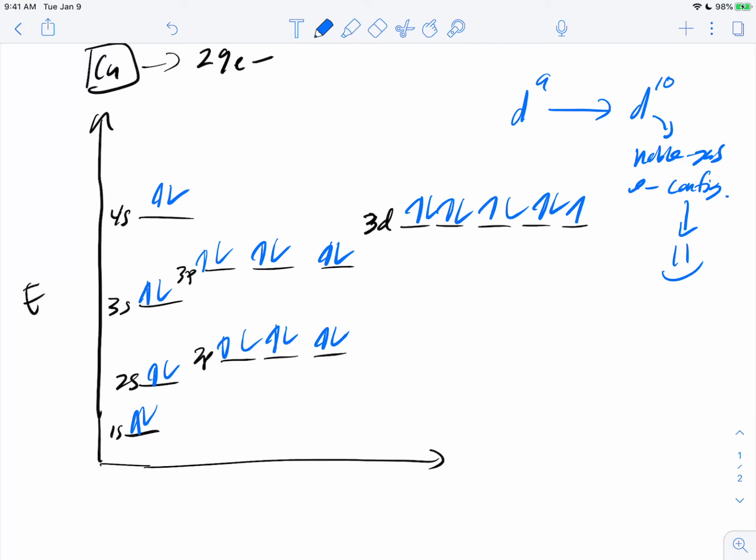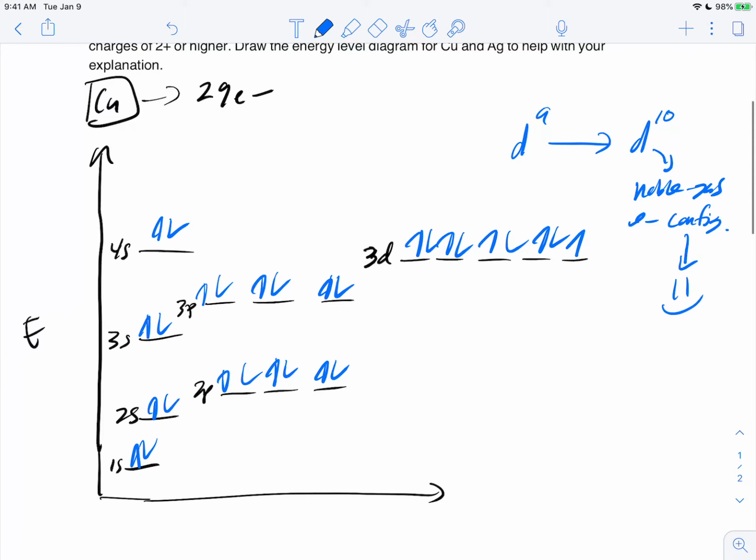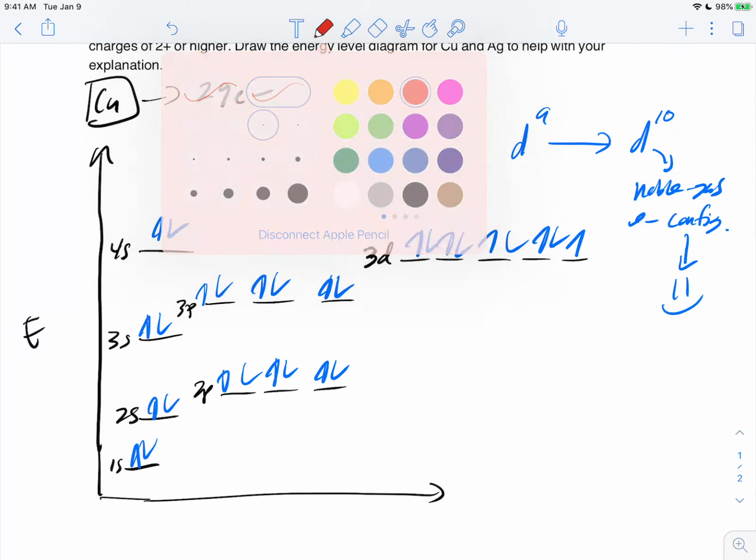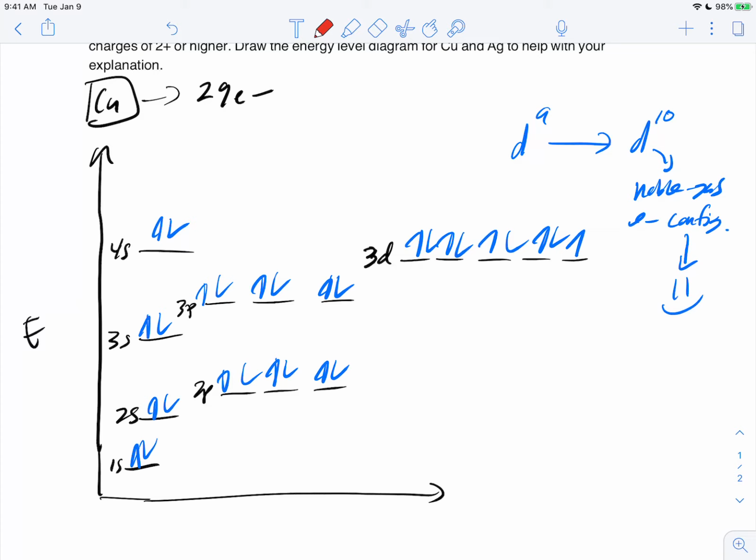So what copper does, and this is an exception to its ground state, not to an ionization, is that because we're so close to a d10, we're going to take this electron from the higher energy 4s and move it down. So this electron goes away, and I'll put it in red so we know where it came from, right there.